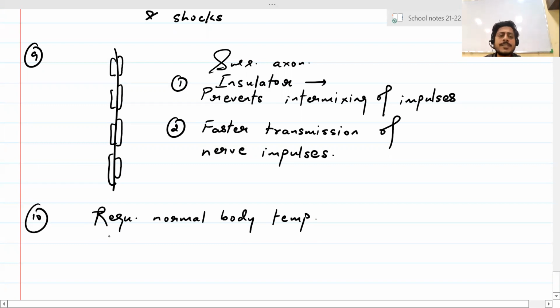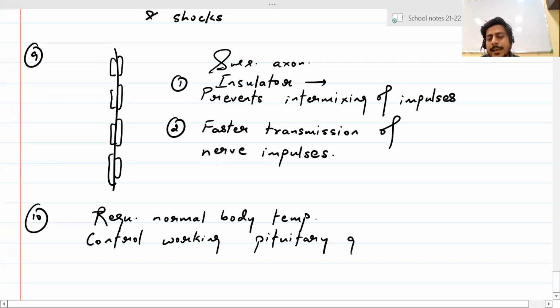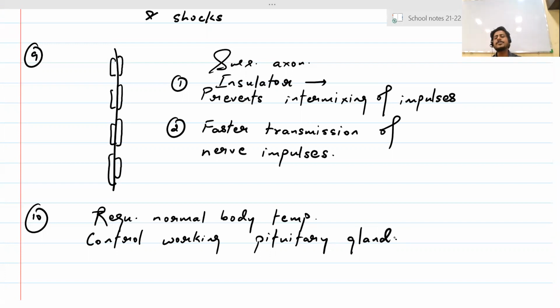It controls the working of the pituitary gland, because the posterior pituitary hormones are actually produced in the hypothalamus and only released from the posterior pituitary. You can just write controls the working of the pituitary gland and regulates normal body temperature.